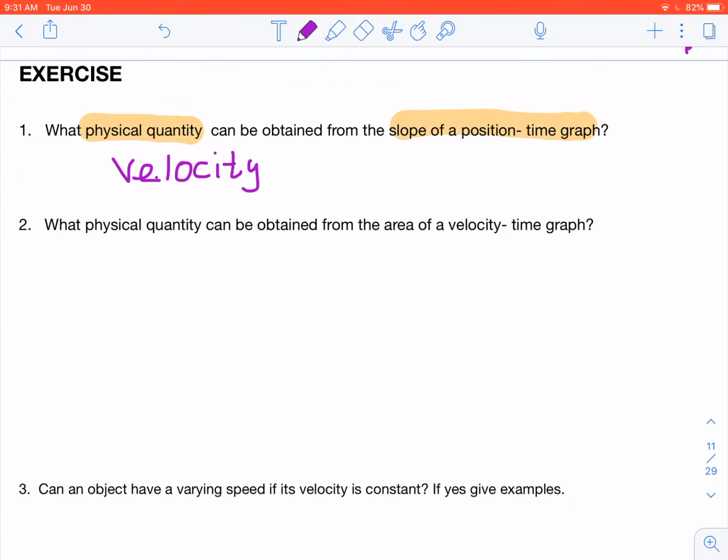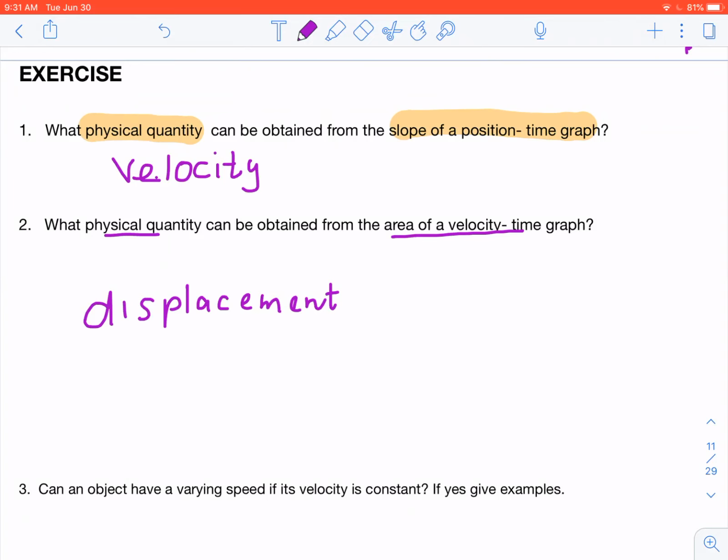And what physical quantity can be obtained from the area of a velocity time graph? We know that that would be displacement.